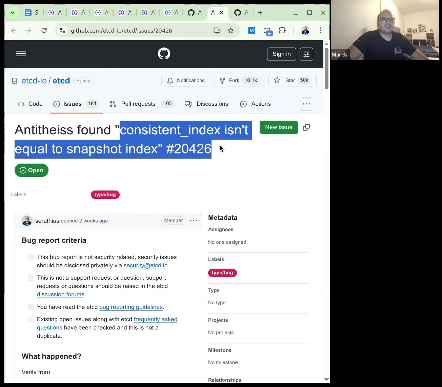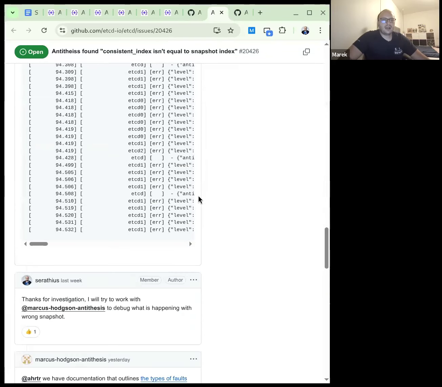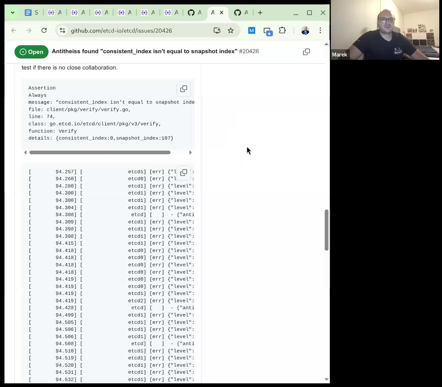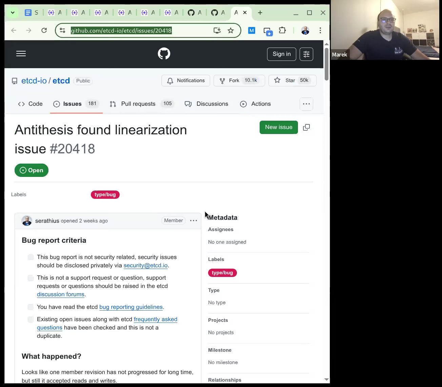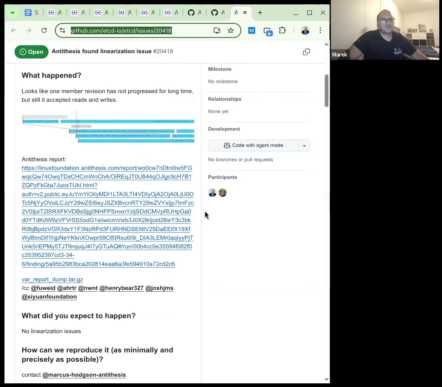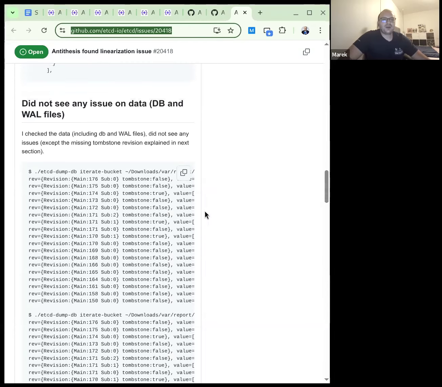We found that the consistent index is not equal to the snapshot index, which is another one. And one thing that was also a nice present was that those new assertions made the Antithesis exploration find a new linearization issue, technically, or at least unconfirmed, because it's very complicated. We don't know how to reproduce it.